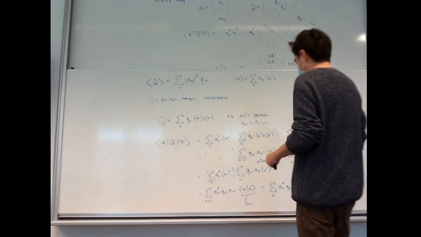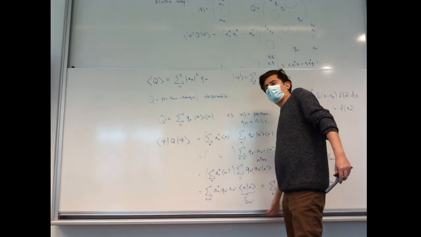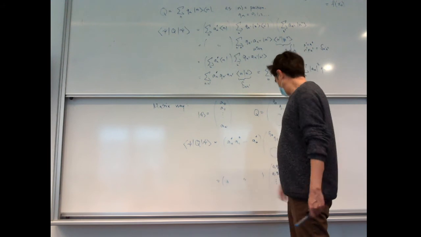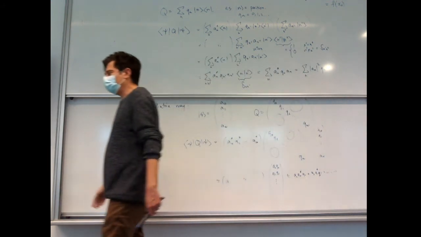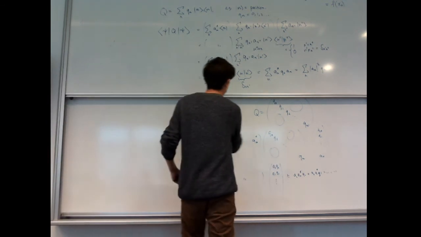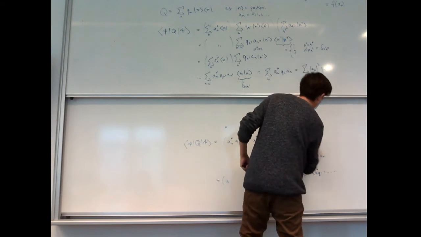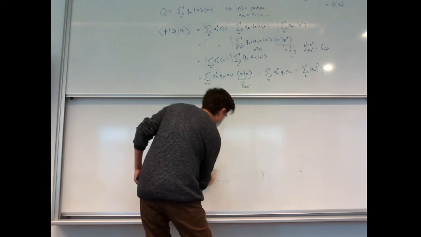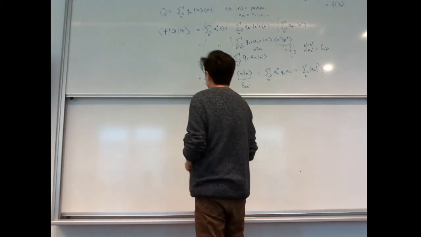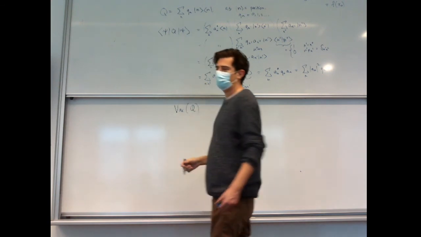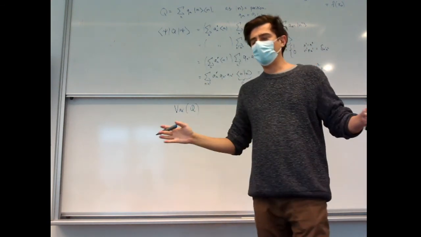Now if you're thinking, okay, fine, that's average values, but what about variances or anything else? For that, it's still pretty easy. Say we want the observable that's the variance of Q. So this would be like the width of, say, position.